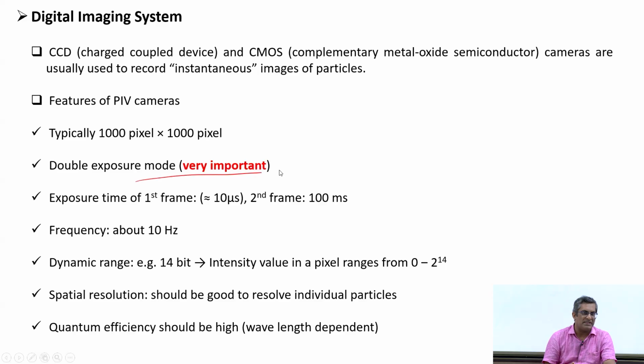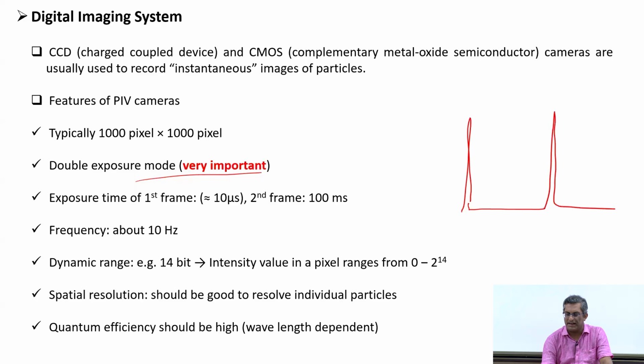Double exposure mode means the shutter opens, and as I had shown earlier, this is one laser pulse, this is the second laser pulse, and this is delta T that you can control. But the camera would behave like this.